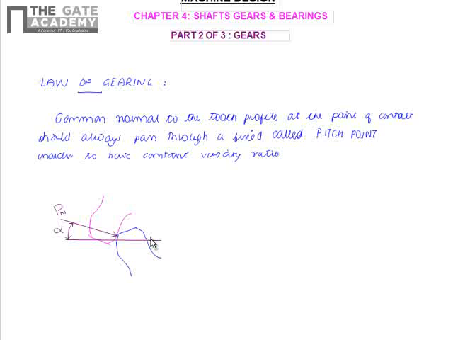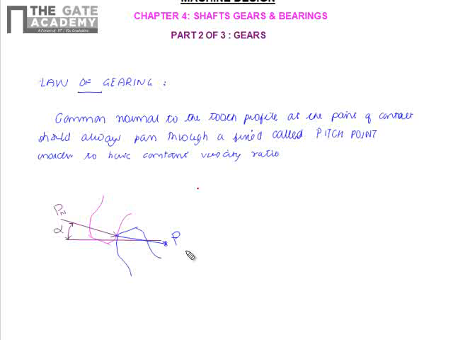And in such cases, this line should be passing through a point which will be the pitch point P. This point is called the pitch point P, and this line is called the pressure line.